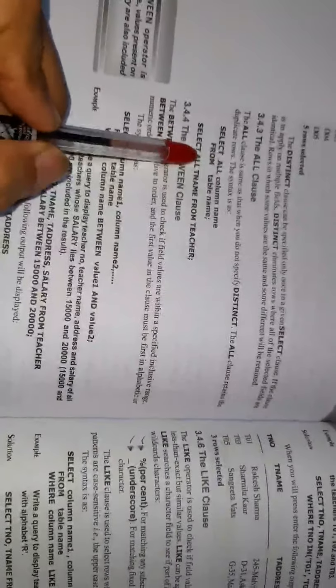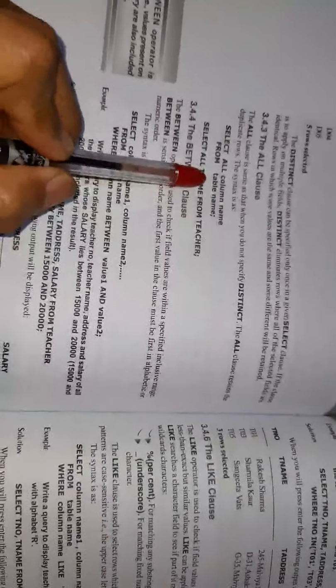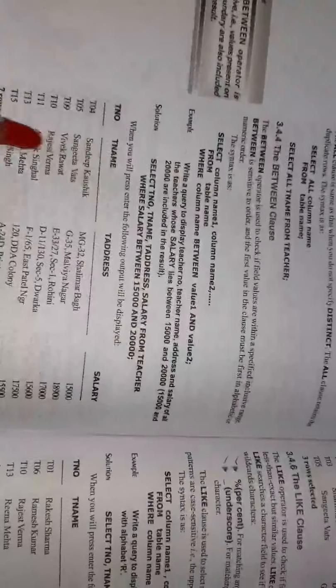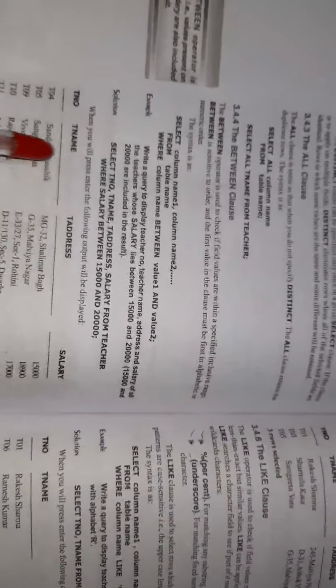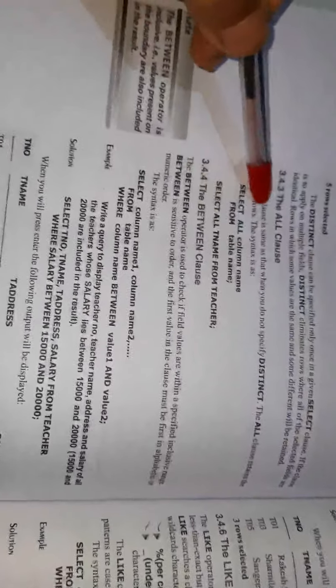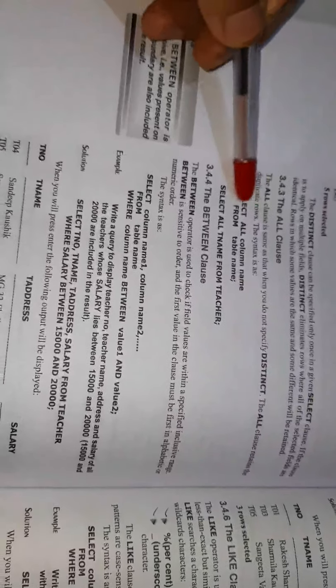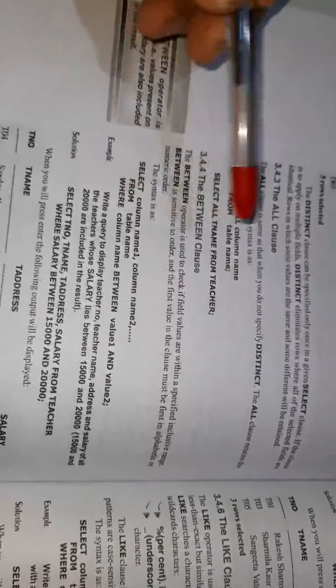So this will display everything that is in the teacher name column, even the duplicates. Suppose Sandeep Kaushik is repeated twice, it will be displayed twice. That is the difference between the distinct clause and the all clause. Very easy to understand, very easy to forget also, so you need constant practice in all these keywords.